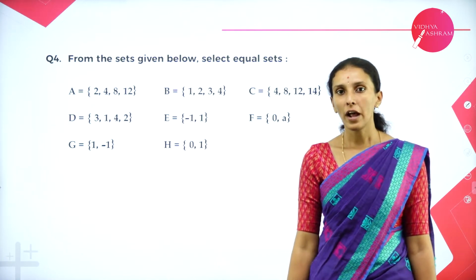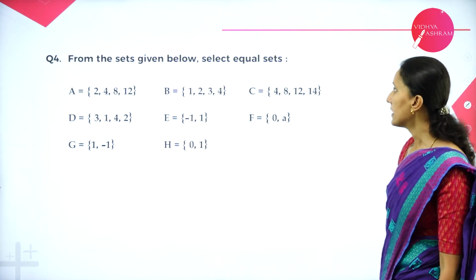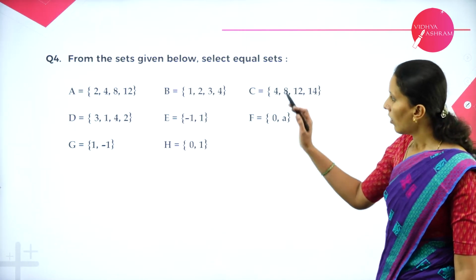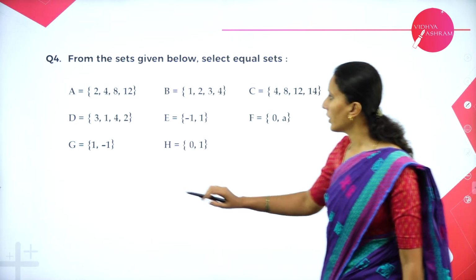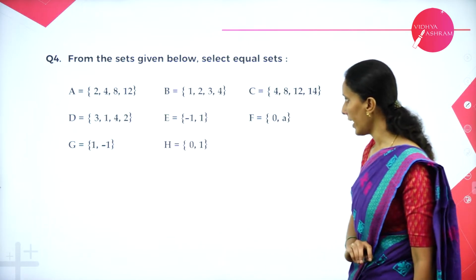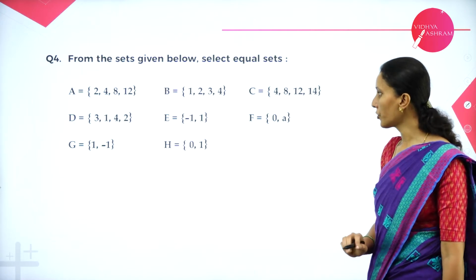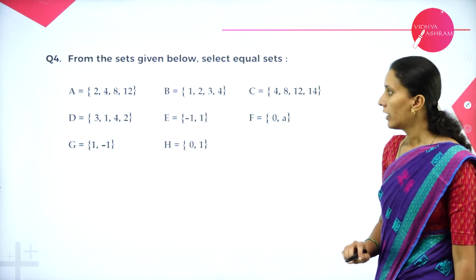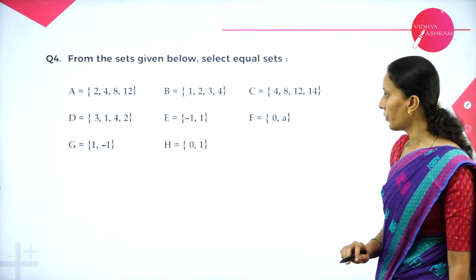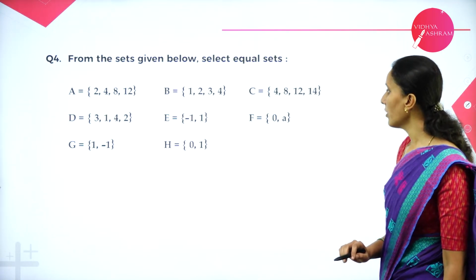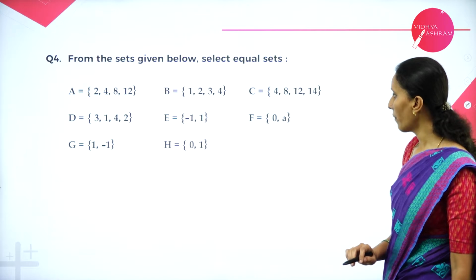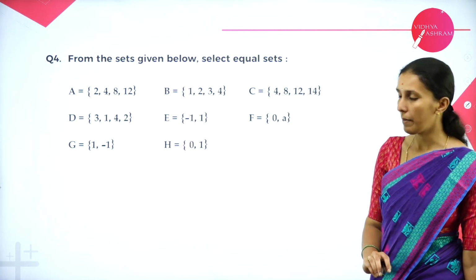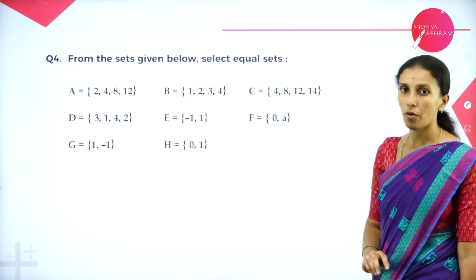From the given sets below, select the equal sets. Observe all the sets given here. You have A as {2, 4, 8, 12}, B as {1, 2, 3, 4}, C as {4, 8, 12, 14}, D as {3, 1, 4, 2}, E is {-1, 1}, F is {0, a}, G is {1, -1} and H is {0, 1}.